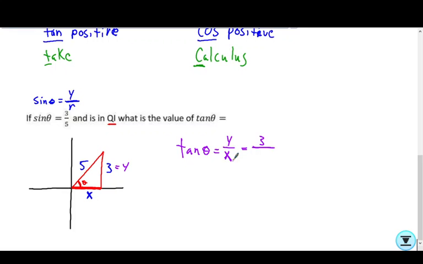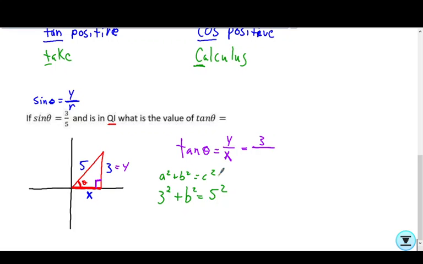Gosh, I wish I had some kind of formula that if I have two sides of a right triangle, I can find the third side. Oh wait, I do. It's called the Pythagorean Theorem. So 5 is my hypotenuse, 3 is one of my legs, so I get 3 squared plus b squared equals 5 squared, because this is a squared plus b squared equals c squared.